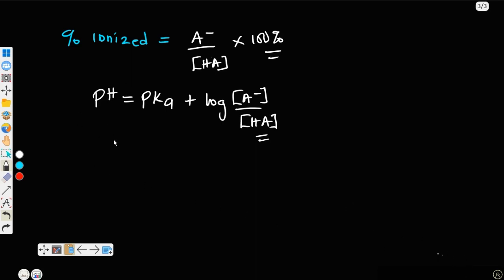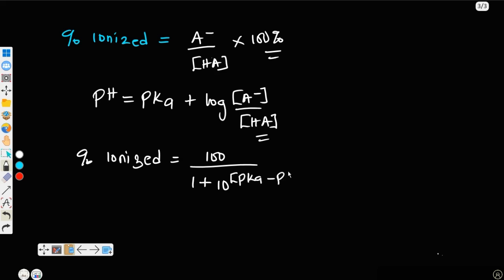Now let's see. The equations they gave us are to calculate the percentage of unionized and the percentage ionized. What you do, it becomes 100 all over 1 plus the antilog of pKa minus pH.